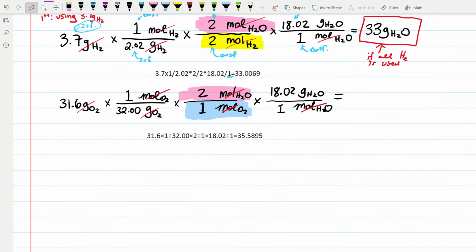35.6, so I failed. And if we count sig figs here, we'll note that we have 3 sig figs. That's a counting number, so that's infinite. That's 4 sig figs. That's a counting number, so it's infinite. These infinity symbols are getting progressively worse, but that's okay.